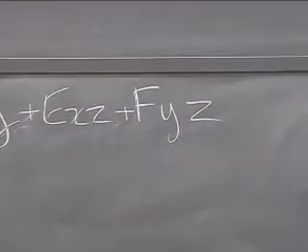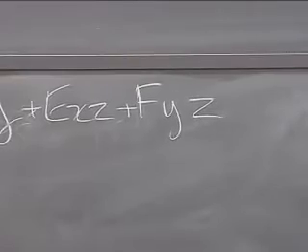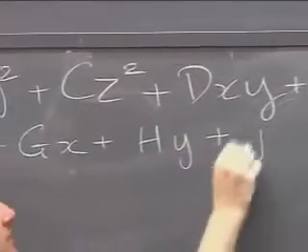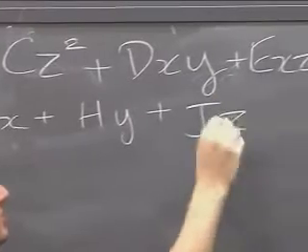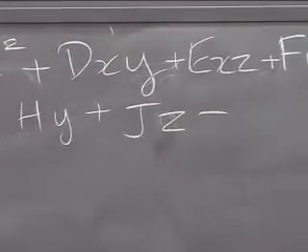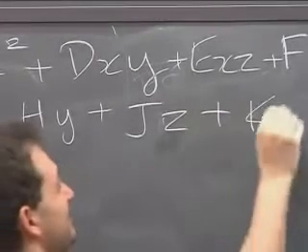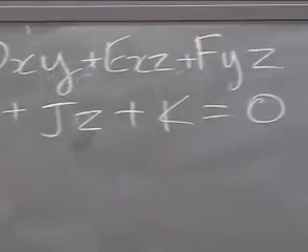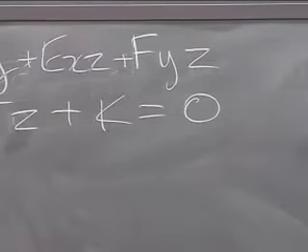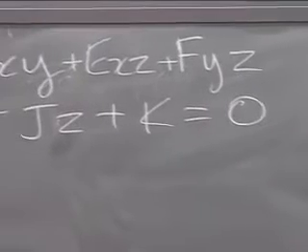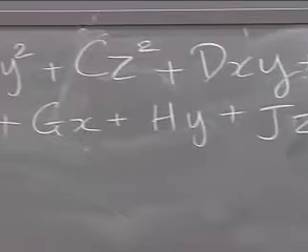But quadratics also have a linear piece. So we need a gx, hy, jz. Yeah. I have a friend who works with Jay-Z. There you go. Went to his wedding not long ago. All right, plus k equals 0. So there's a constant term. So that is the general form of a quadric surface.